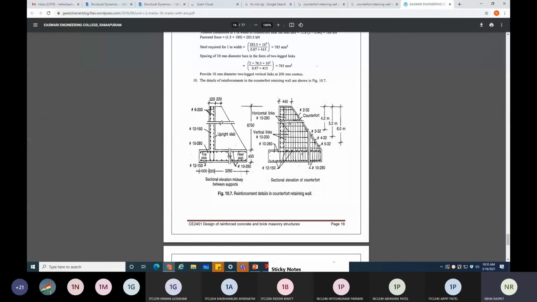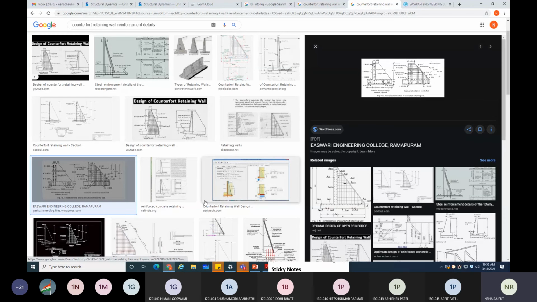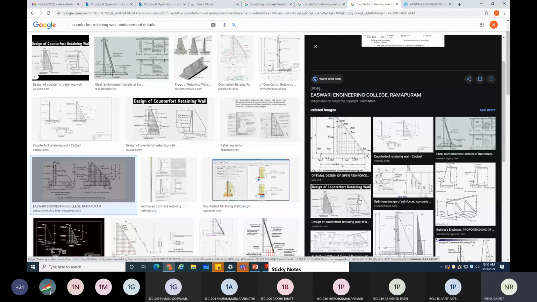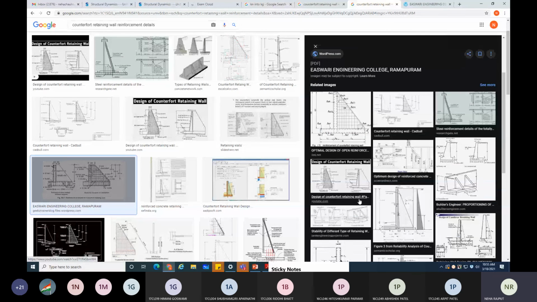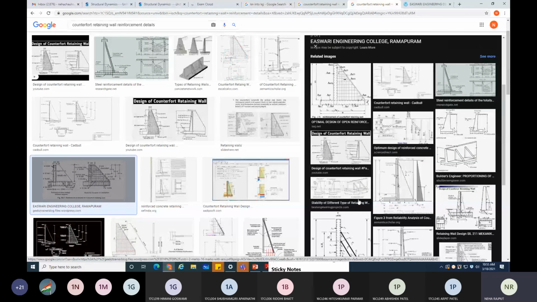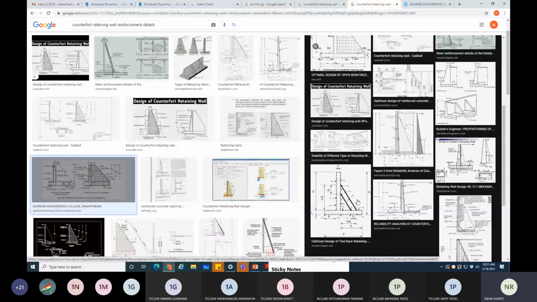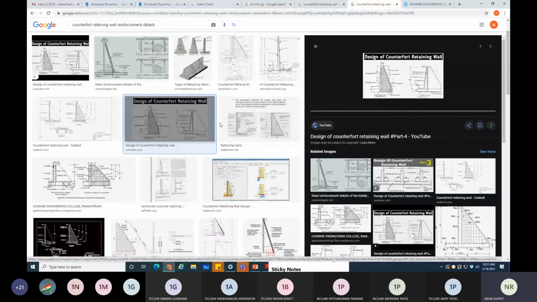Connection of stem with the counterfort member. Right. So same figure you can see here also.